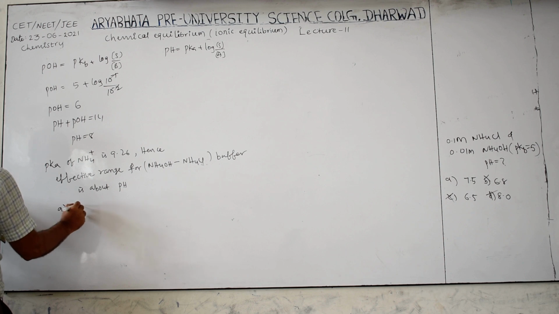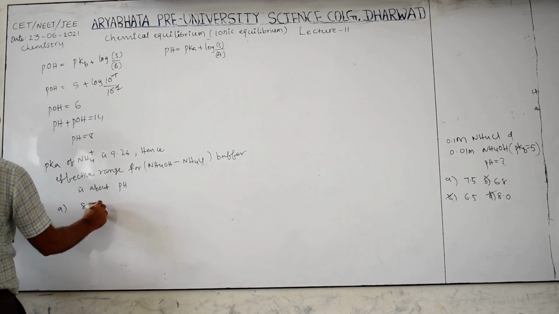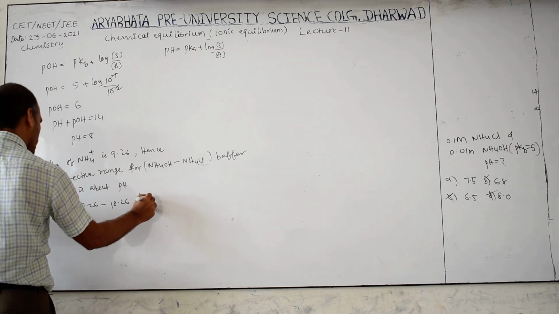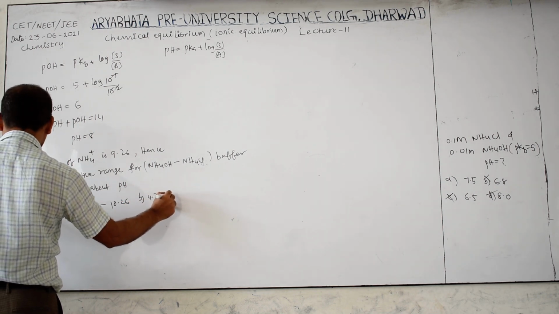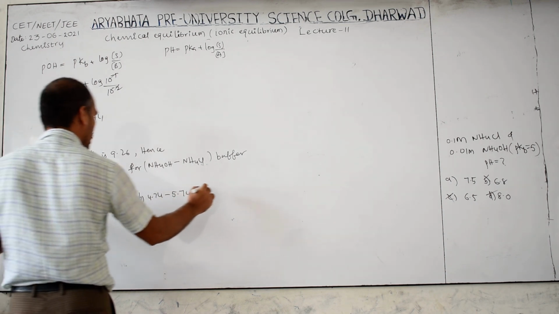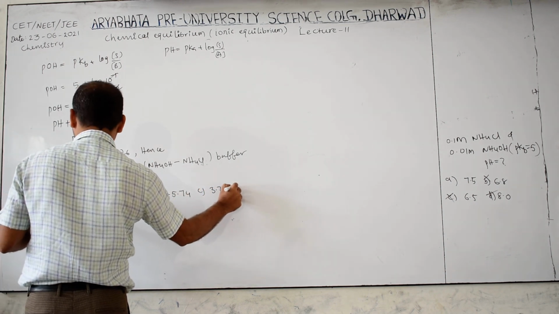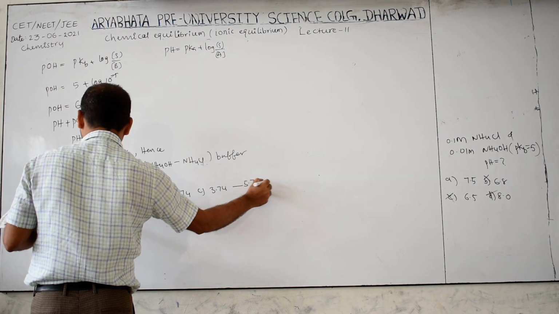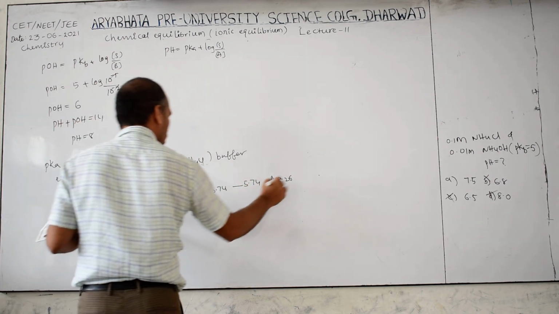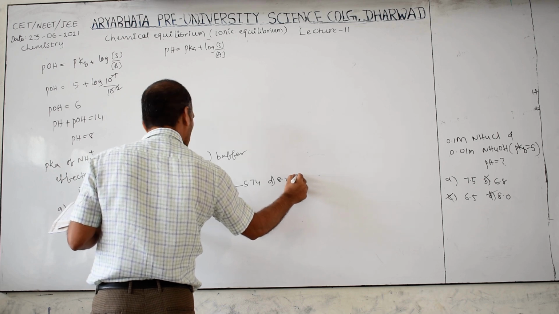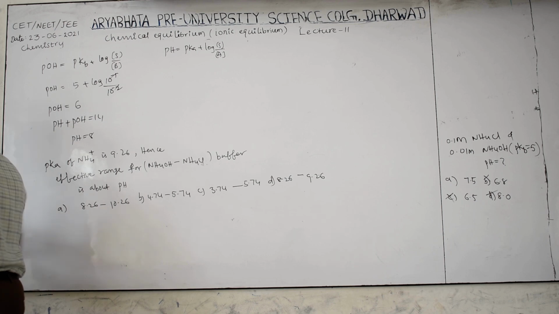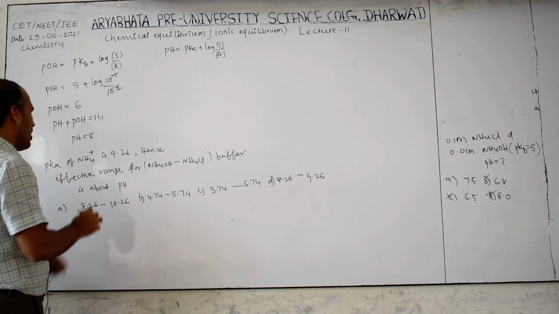A option is 8.26 to 10.26, B option is 4.74 to 5.74, C option is 3.74 to 5.74, D 8.26 to 9.26. So now they are asking the buffer range, the effective range.